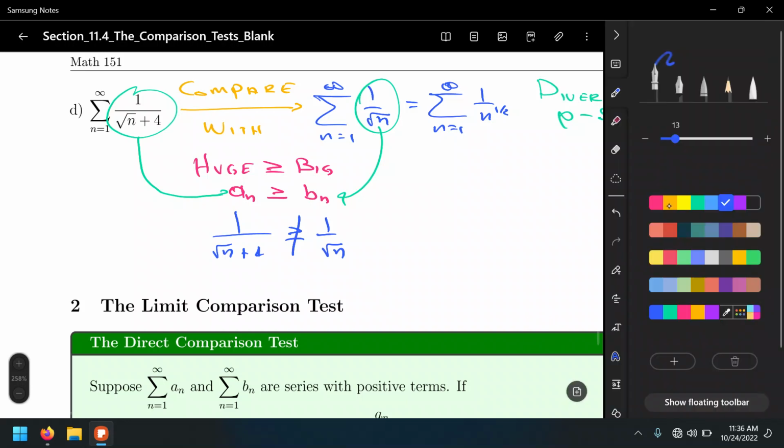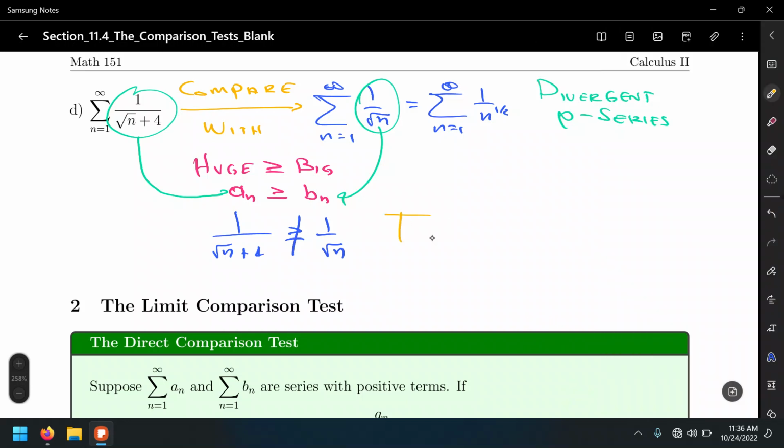Well, conclusion, test fails or test inconclusive, exactly. Test fails or inconclusive. Alright, so we cannot use this argument in this case to show the divergence of the original series.